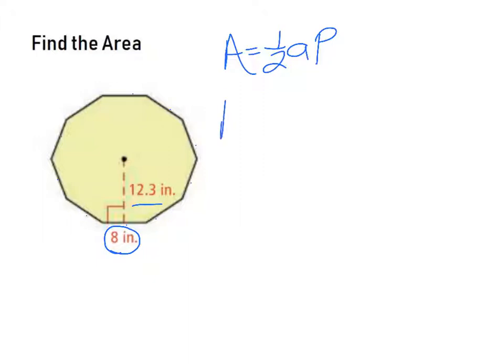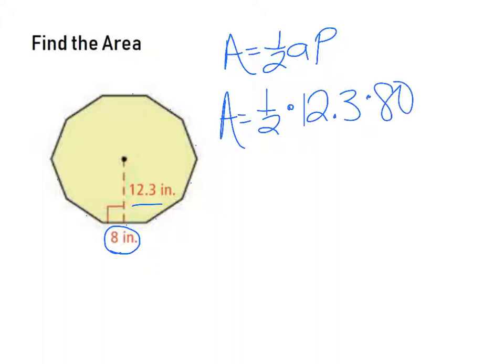I think I have what I need. Let's just start filling in numbers. Area equals 1/2 the apothem, 12.3, times the perimeter, which is 8 times 10. I'm going to put in 80, and then we're just going to our calculator on these. I'm going to try to do some different things. The directions, sometimes we'll ask you to round to the nearest tenth. Sometimes they're going to say leave your answer exact, which means if you have like a square root of 3 somewhere in there, they want you to leave that square root of 3.